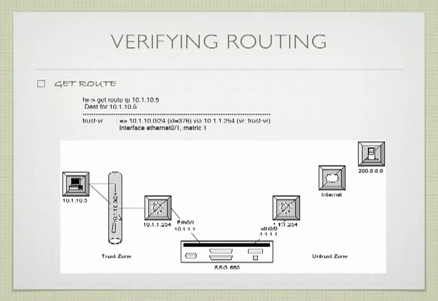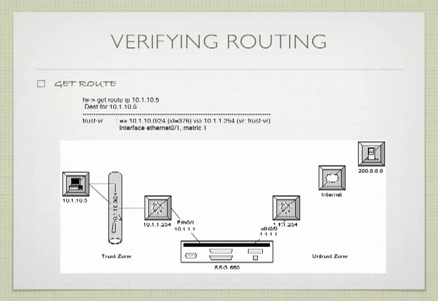So get route IP 10.1.10.5 says it will use this route in our routing table, 10.1.10.0/24, and it will send it to the gateway of 10.1.1.254. So if you're having routing issues, this can be a handy way to see what the ScreenOS is doing.